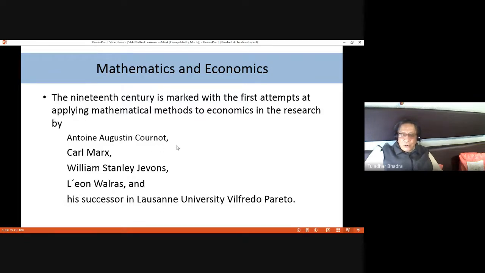We don't know Augustin too much. Or Karl Marx. If you look at Capital by Karl Marx, you will also find something over there. William Stanley Jevons, Leon Walras, and his successor in Lausanne University, Professor Vilfredo Pareto. These are some of the names where mathematics was tried to be introduced into economics.